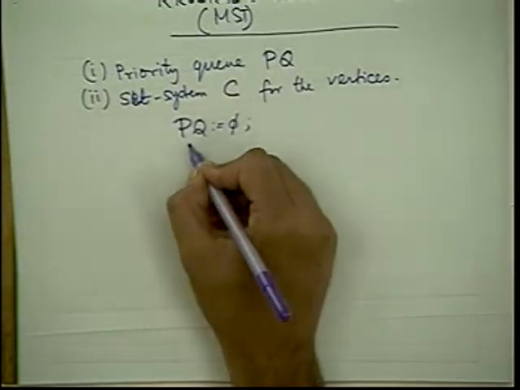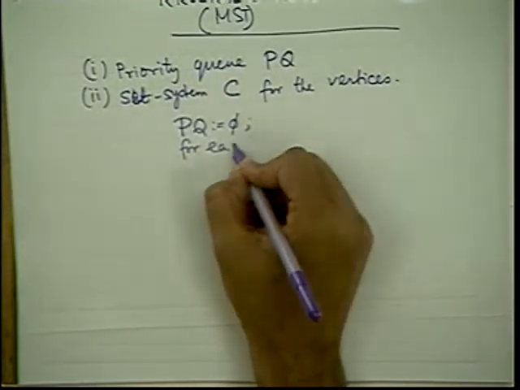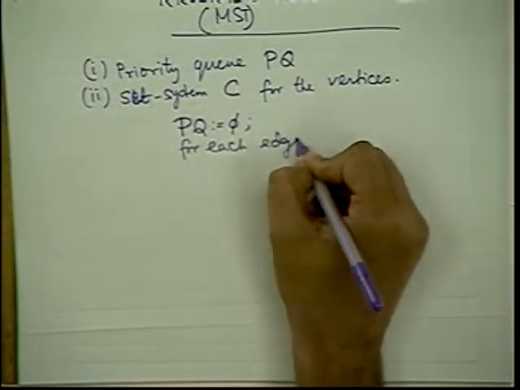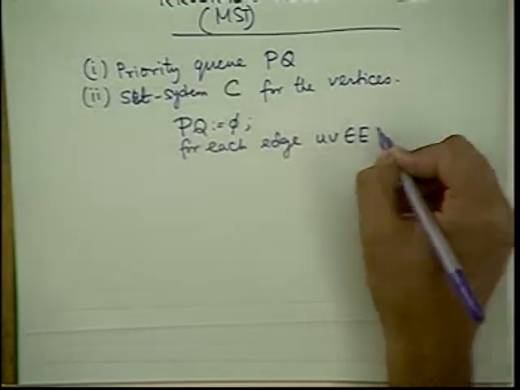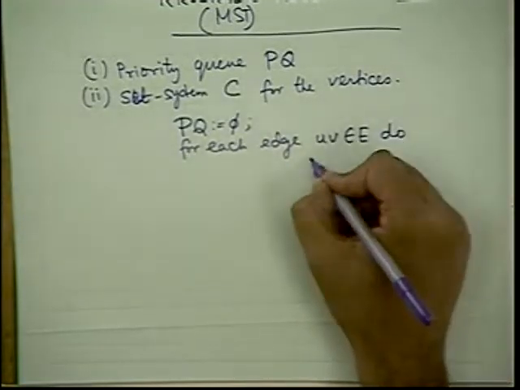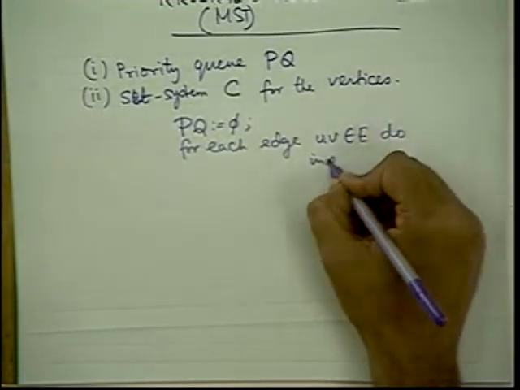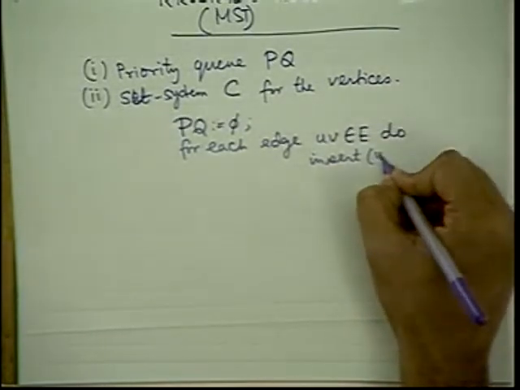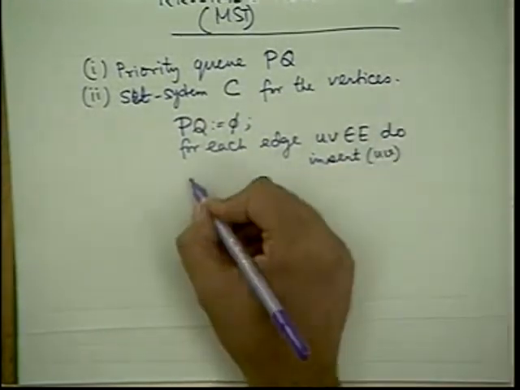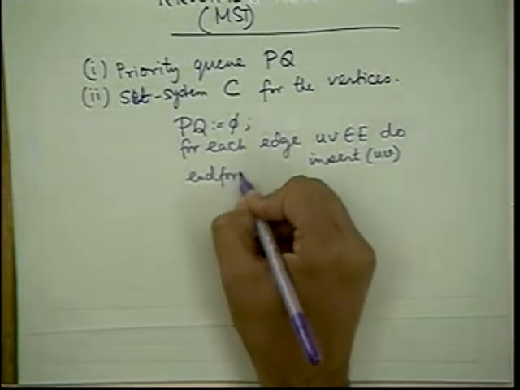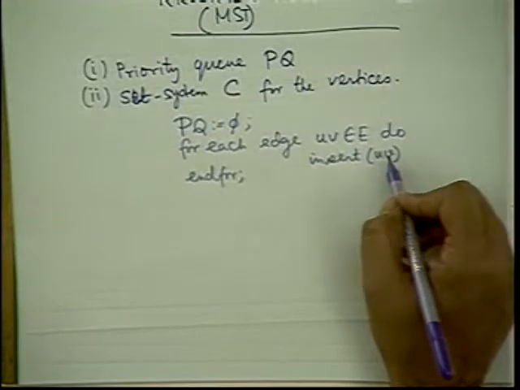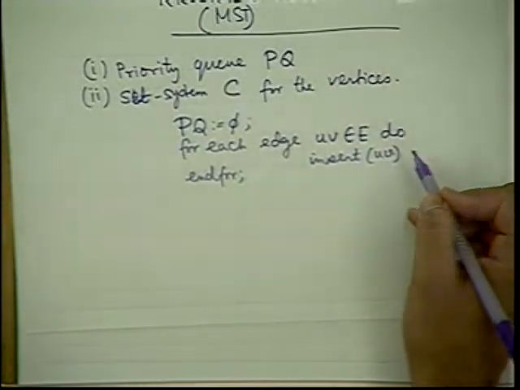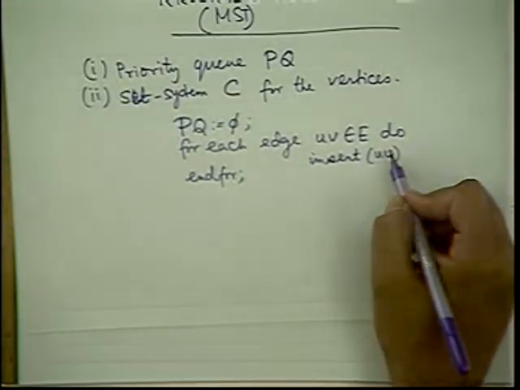Then for each edge uv in the edge set E, do an insert operation, insert uv in the priority queue. And what is the priority of the edge uv? Its weight. Using the weight of uv, you insert it into the priority queue PQ.